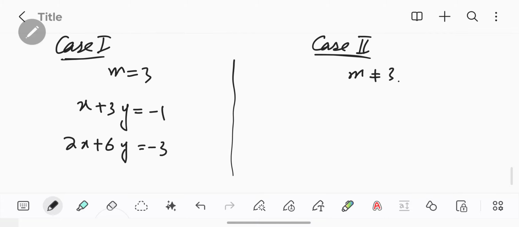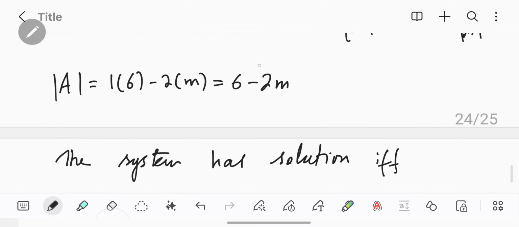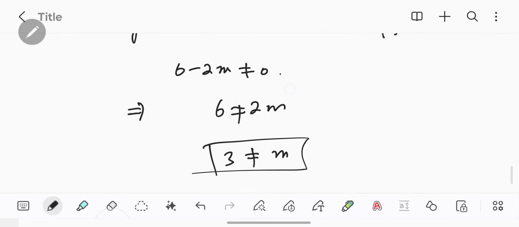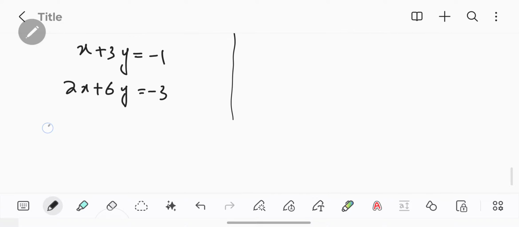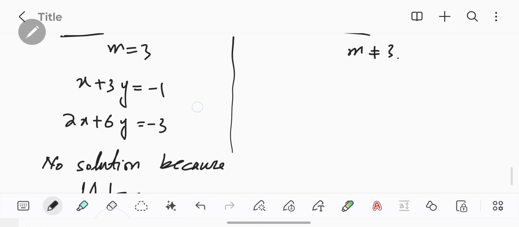For m equal to 3, 2 times 3 is 6, 6 minus 6 is 0, that means the determinant will be 0, so the system will have no solution, because the determinant of A will be 0. So in this case there is no solution.